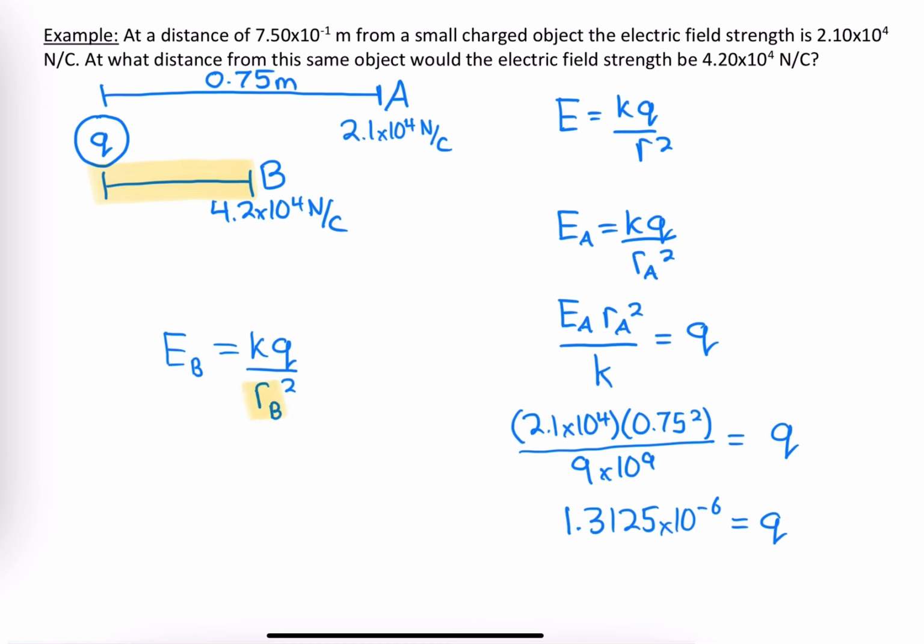So we're looking for this radius here. Isolating for that radius or for that distance, I get that.